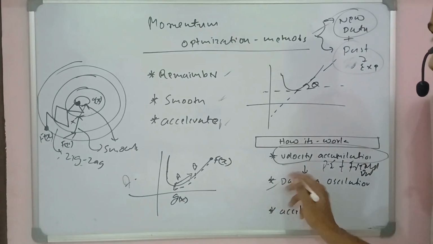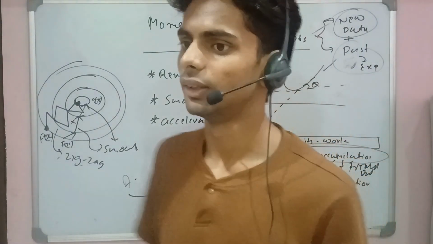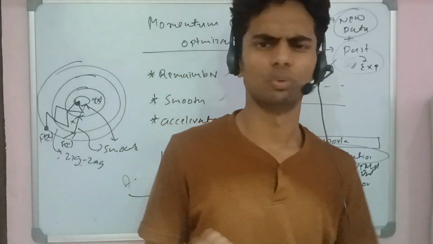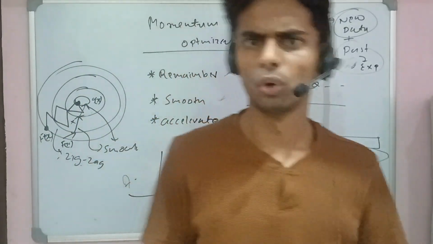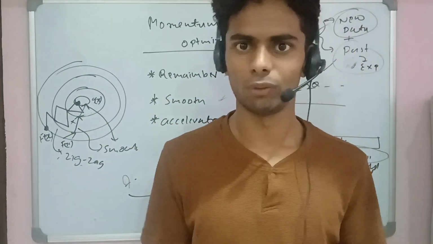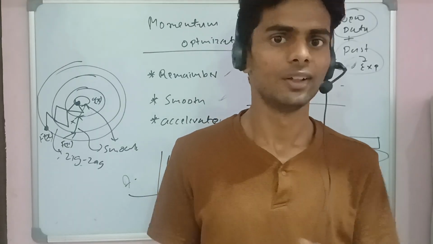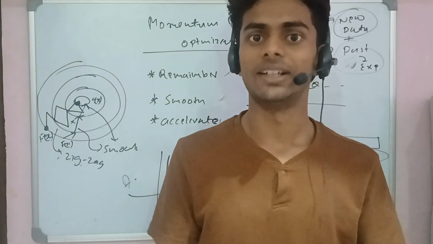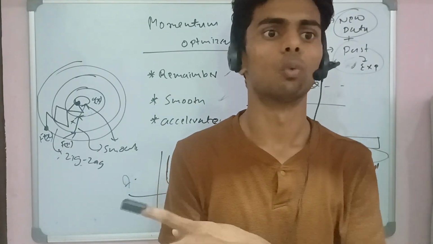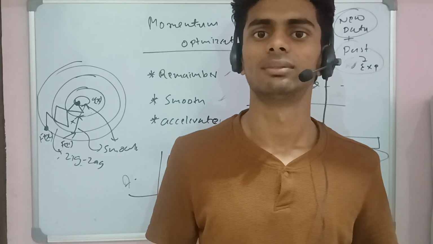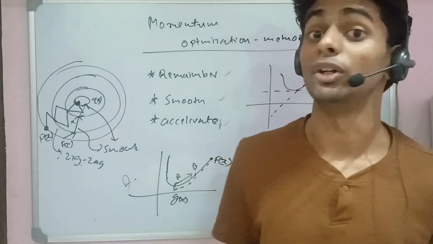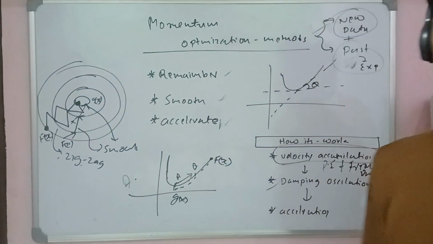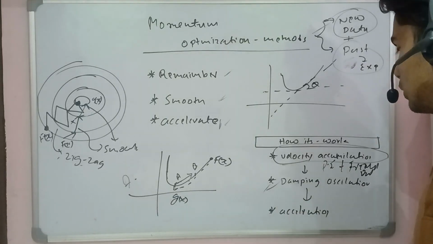So that's the damping of oscillation. Oscillation refers to back and forth movement. Momentum says we do not believe in that back and forth movement. We move toward the right direction straightforward without any zigzag. So if we oscillate, that oscillation will be damped.